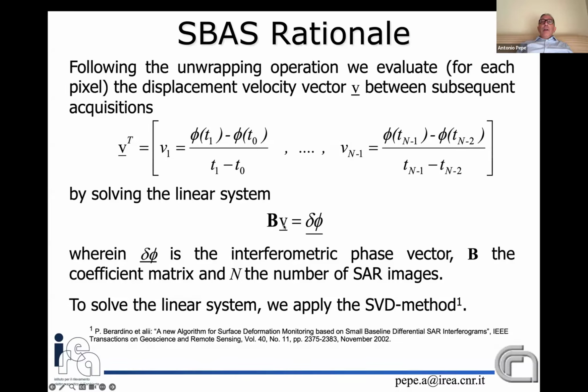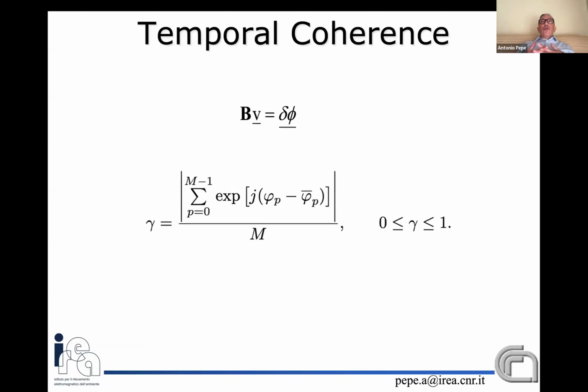Once the velocity v that is represented by these equations is determined, this velocity is integrated in time, and so at the end, the deformation time series are obtained. This is the basic rationale. A first step is to try identifying which are the pixels that have been correctly analyzed, correctly investigated.